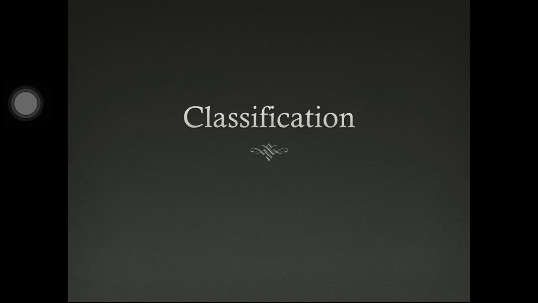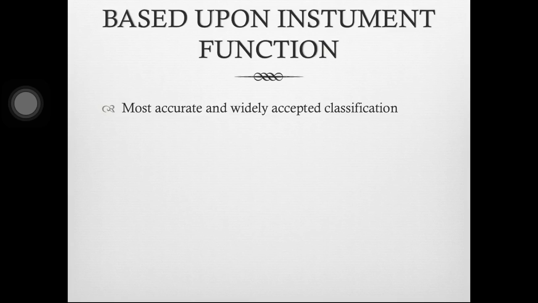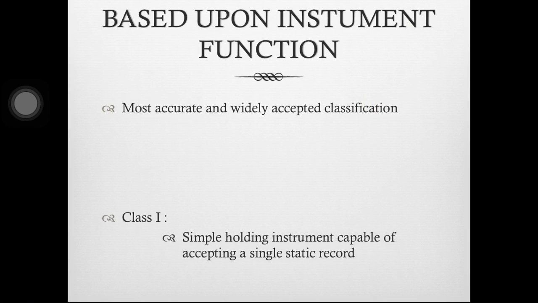There are different classifications for articulators available, but the most convenient one is to classify them according to the type of movements they replicate of the patient. The classification based upon instrument function is the most accurate and widely accepted classification.